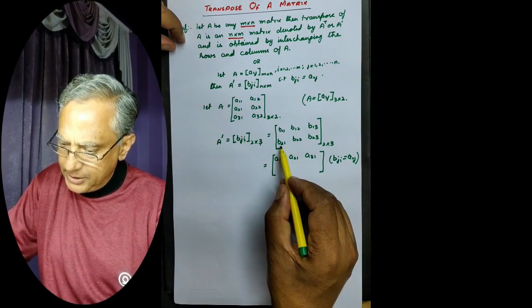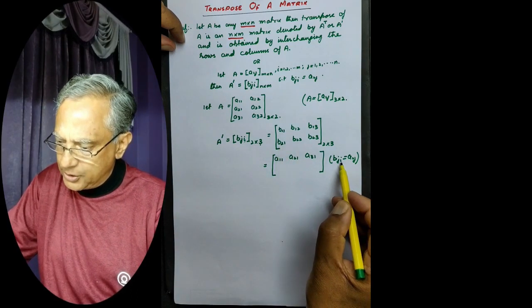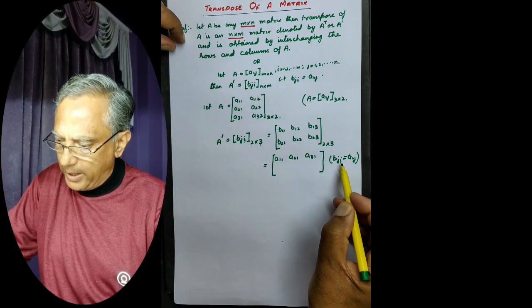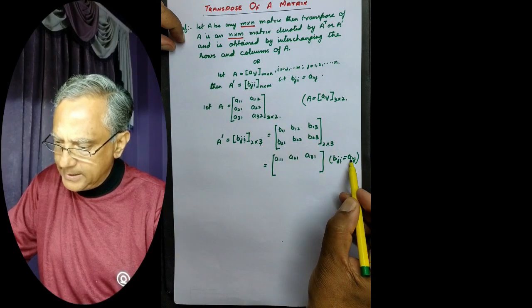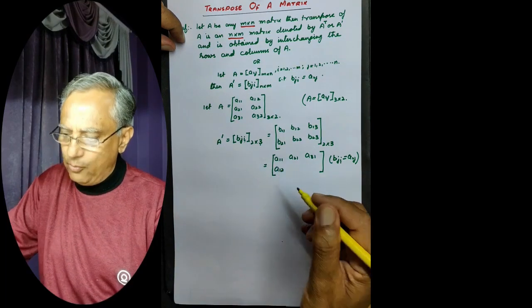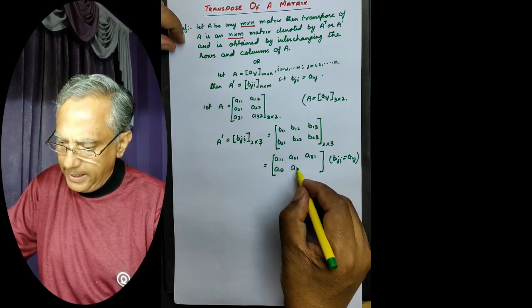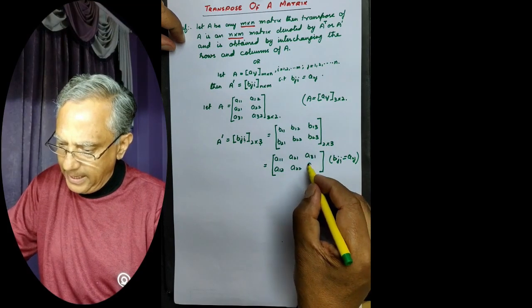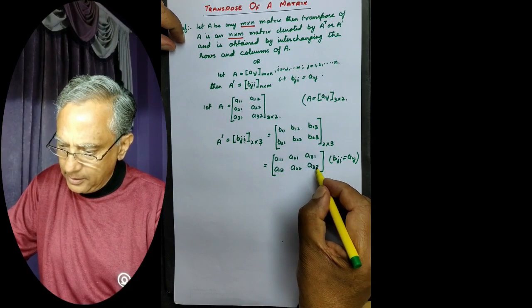Here j is 2 and i is 1, so this will be A12, this will be A22, this will be A32.